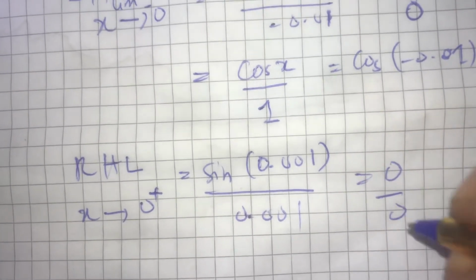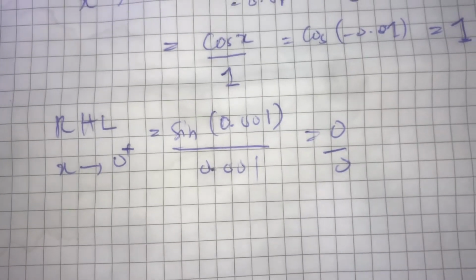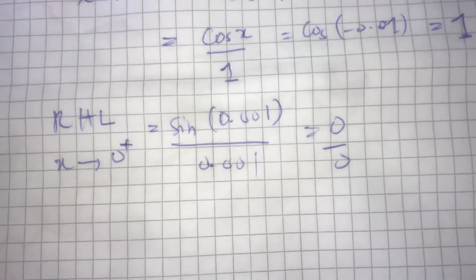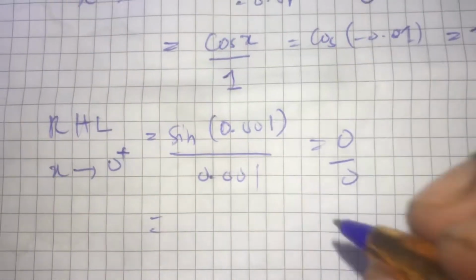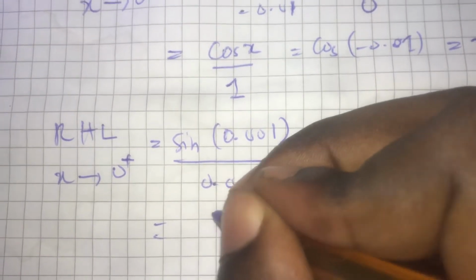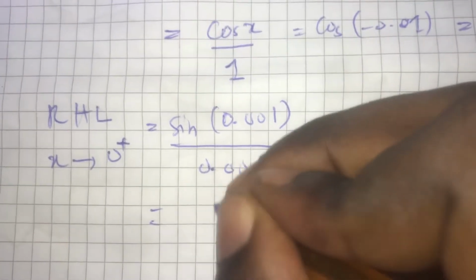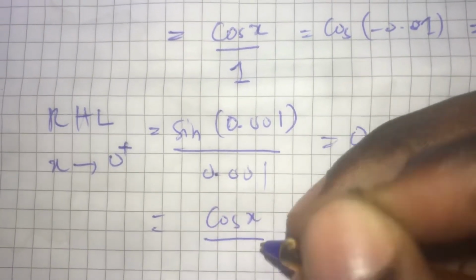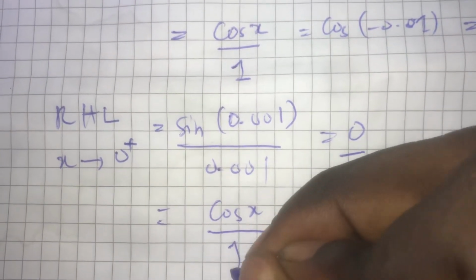So here we have 0 by 0, which is also indeterminate. So we have to apply the L'Hopital's rule. So we differentiate the top and the bottom. If I differentiate sine x, I'll get cos x. If I differentiate x, I'll get 1.